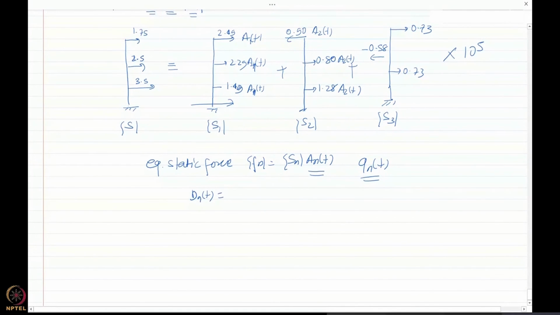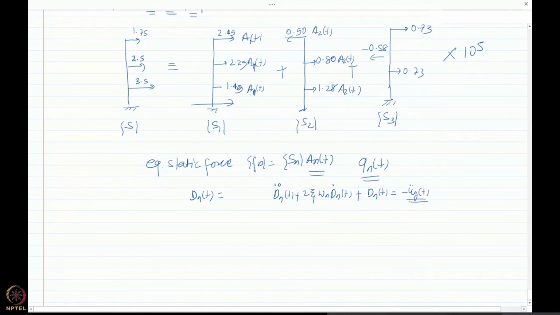This was the equation of motion. Remember what the equation of motion was? Dn double dot plus 2 zeta omega n Dn dot plus omega n squared Dn is equal to, for ground excitation, ug(t).